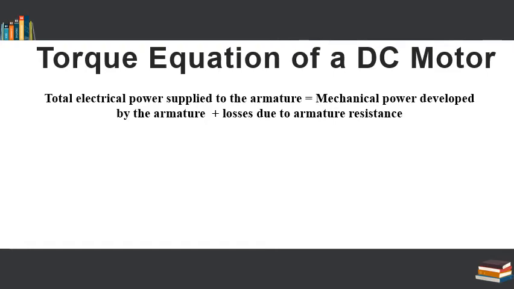Now, the mechanical power developed by the armature is Pm. So the value of mechanical power developed by armature Pm is equal to Eb into Ia. This is equation number 3.